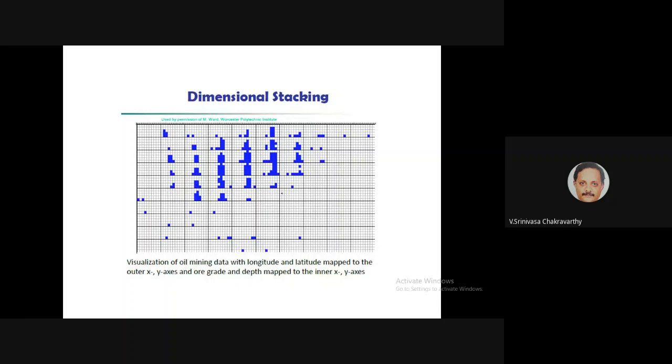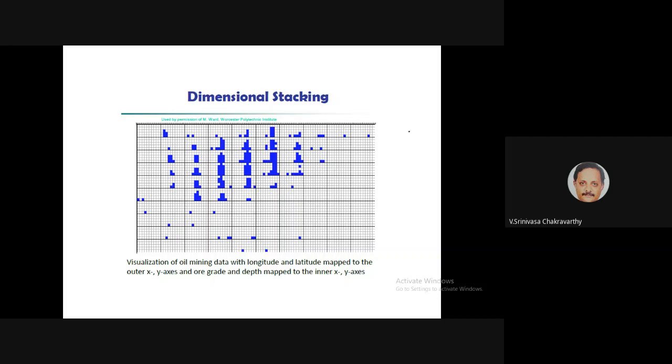Another example is dimensional stacking. It shows the visualization of oil mining data with longitude and latitude mapped onto the outer x and y axis, and ore grade and depth mapped onto the inner x and y axis. Because this is actually 4-dimensional data, it is shown using a grid plot, but there is a nested structure in this grid plot.